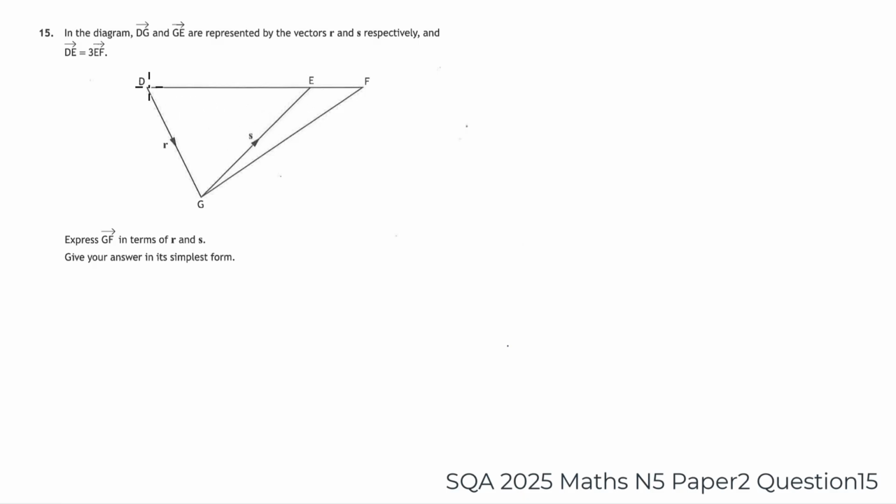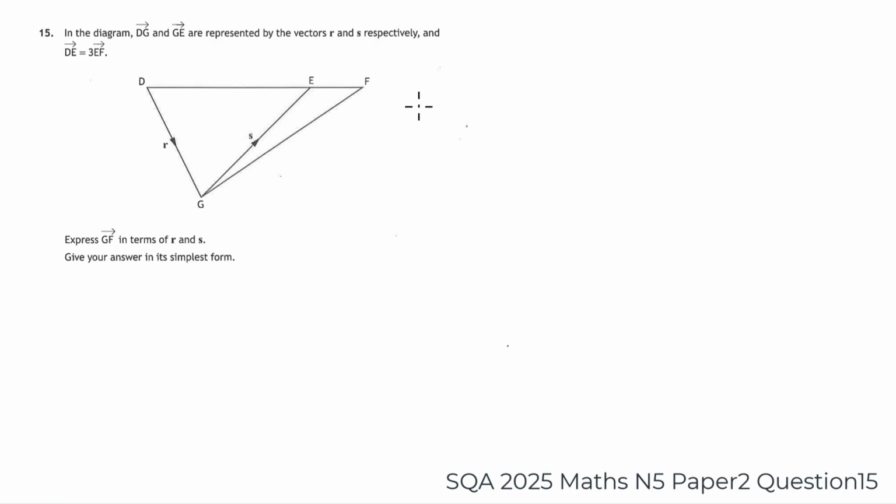We're also told that travelling from D to E is 3 times travelling from E to F, direction and distance 3 times. And we're asked to express G to F in terms of R and S. What does GF represent in terms of the vector R and S? And make sure that we've got it in its simplest form.